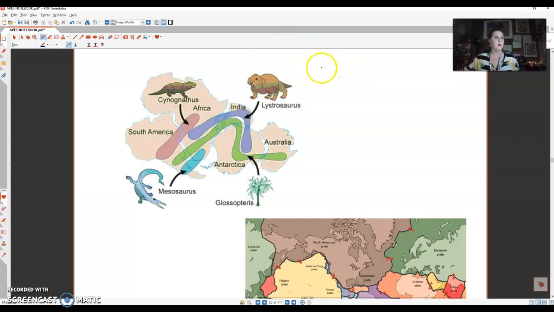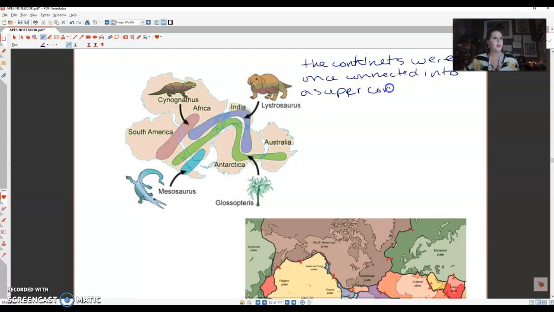So the continents were once connected into a supercontinent. And that is Pangaea.